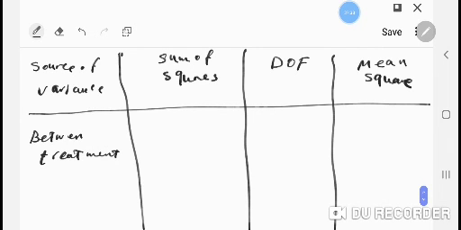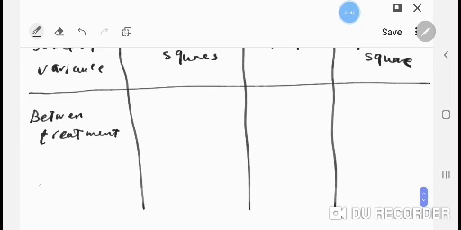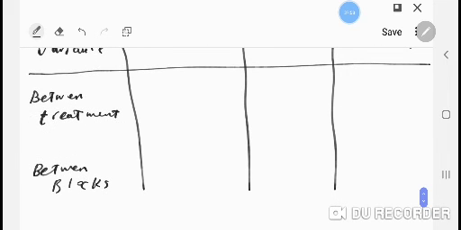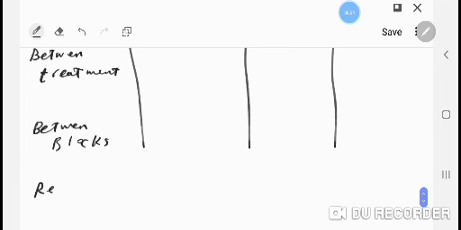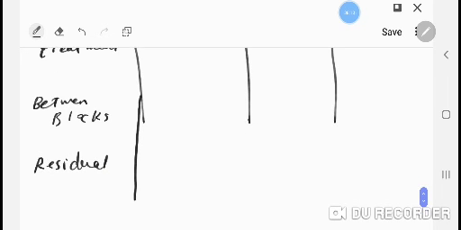For example, in this example, the error between analysts, and another source of variation is between block. The error between the methods of analysis, and here is residual. And finally, total.